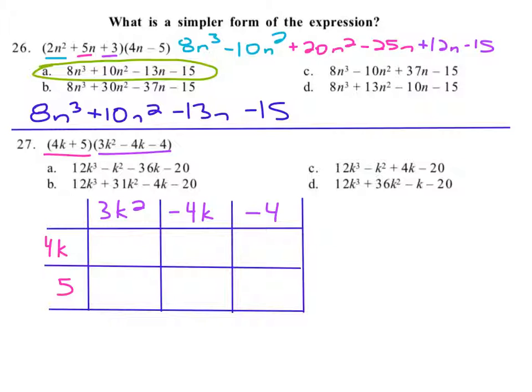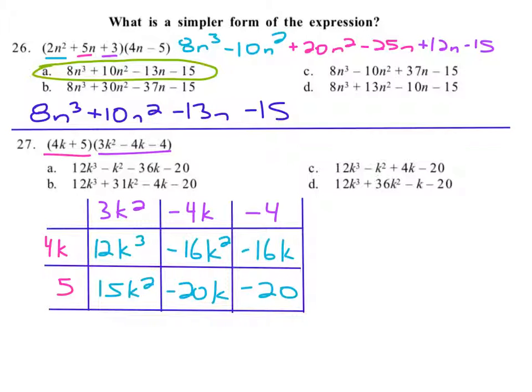Well, what we get is 12k cubed. Here we've got negative 16k squared. Here we've got negative 16k. And then for this line, for 5, we've got 15k squared, negative 20k, and negative 20.